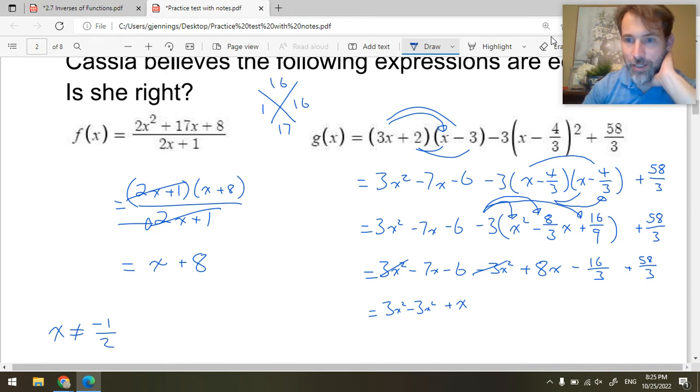Negative 6 minus 16 over 3 plus 58 over 3. So minus 6 minus 16 over 3 plus 58 over 3. Yeah, okay, so minus 16 over 3 plus 58 over 3 gives us 42 over 3.